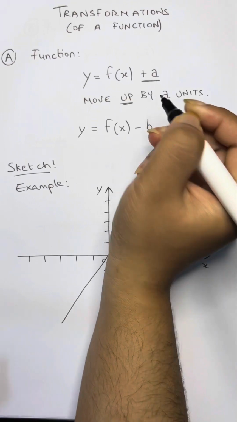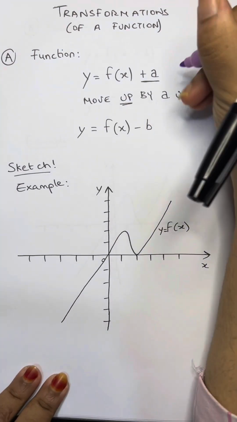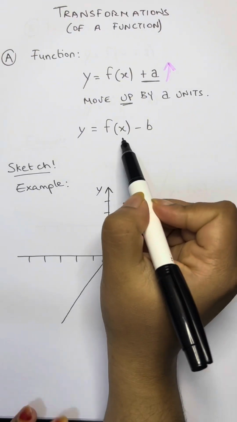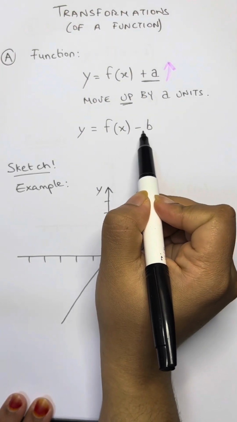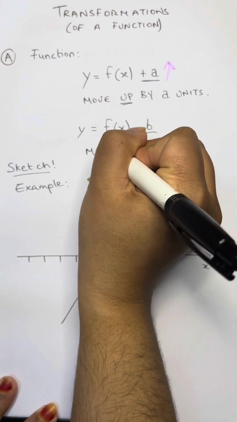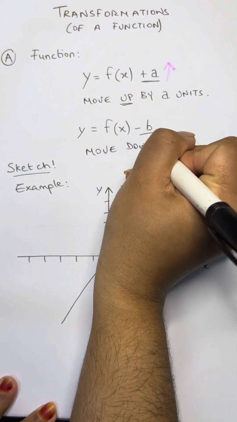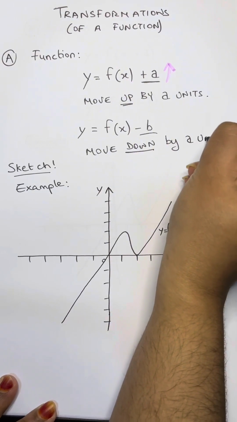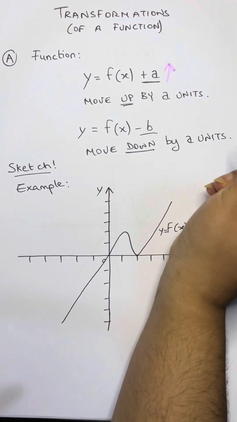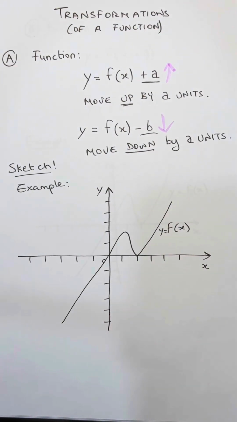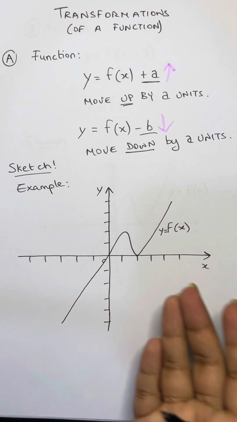Okay, and vice versa, f of x minus b means that you need to move down by b units. The number of units could be any number, and they would usually ask you to sketch this onto a graph.